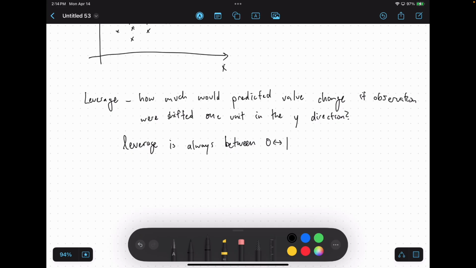The way we write this, H_ii is equal to the change in predicted y over the change in the actual y.